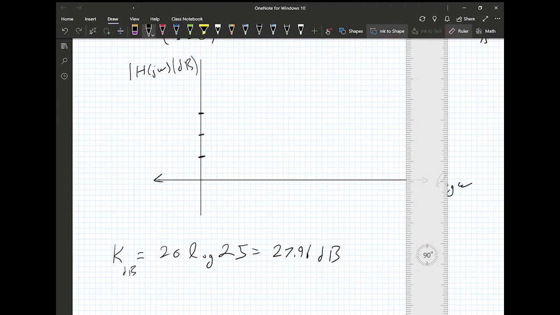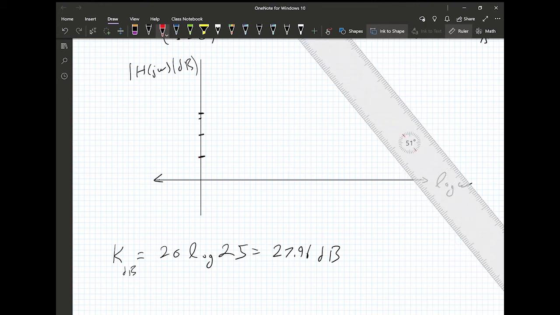So 27 will be 25, 26, 27, 27 and a half. Each small square would be 2.5 dB. So 2.5 plus 5 is 7 and a half. It's going to be about here. This is where the gain would be.